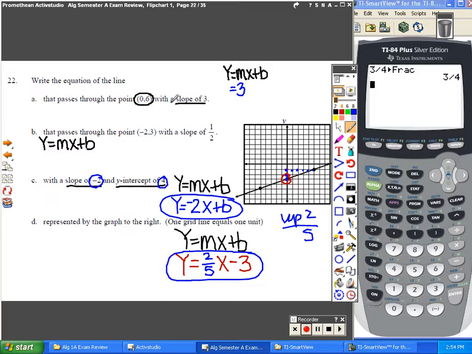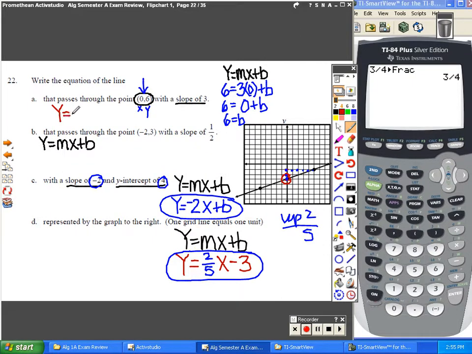You don't know the y-intercept, but you do know that you have a point (0, 6), 0 being your x, and 6 being your y. So you can plug those in. For the y, you plug in a 6. For the x, you plug in a 0. And then this will actually determine what b is. 3 times 0 is 0. Therefore, b is 6.